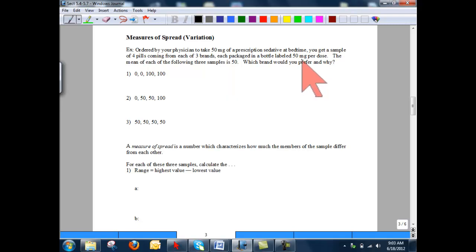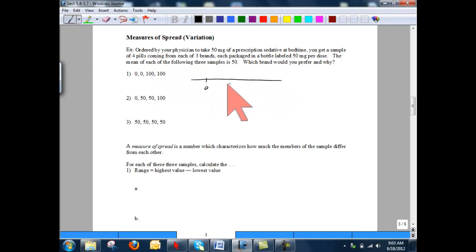You're supposed to get 50 milligrams of that active ingredient. That's what each of the 3 bottles actually indicates that are in their tablets. And a very horrifying story comes back from the lab. Of the pills from the first bottle, the 4 pills have the following respective amounts of the active ingredient in milligrams: 0, 0, 100, and 100.